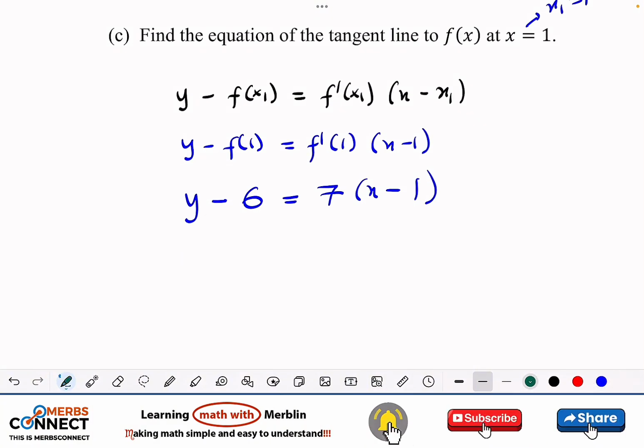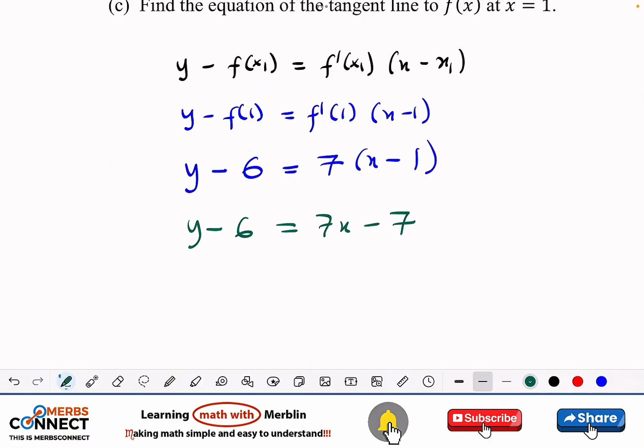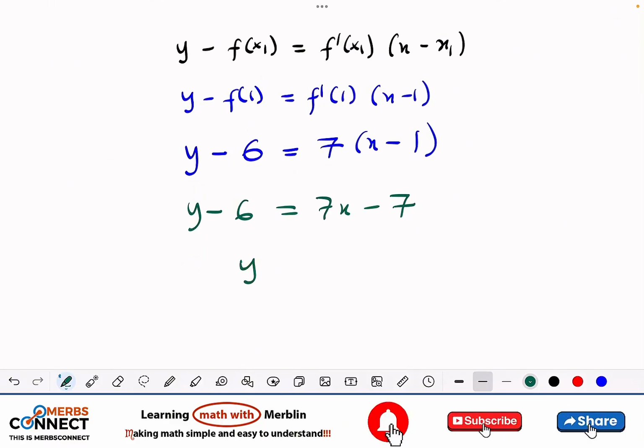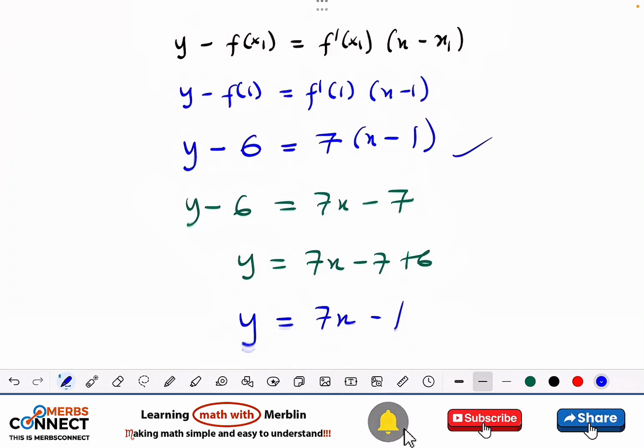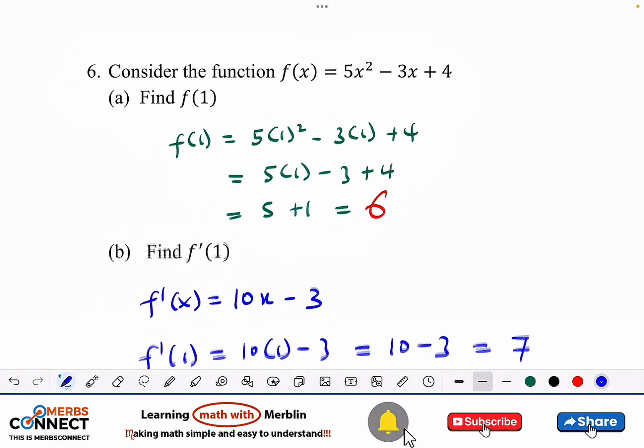But if I want to simplify, I'll have y minus 6 equals 7x minus 7. Then I can write this as y equals 7x minus 7 plus 6, and this will be y equals 7x minus 1 if I want to simplify. But you can also stop here and you'll be fine. Good.